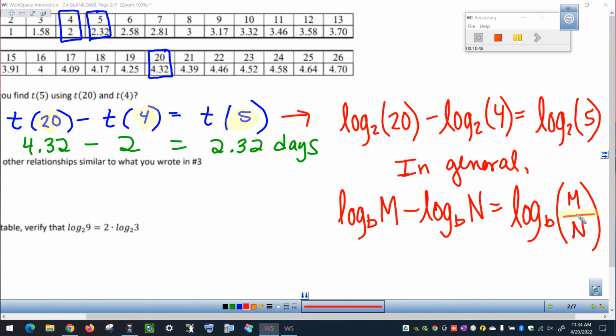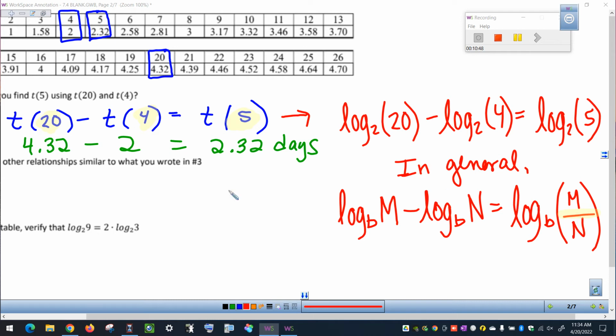Now, here's something that we want to be really careful with: this subtraction property that gets rewritten as division. Notice how when it is condensed on this right-hand side, we only write log one time out in front. So it is a single log in front, and the division is happening after it.